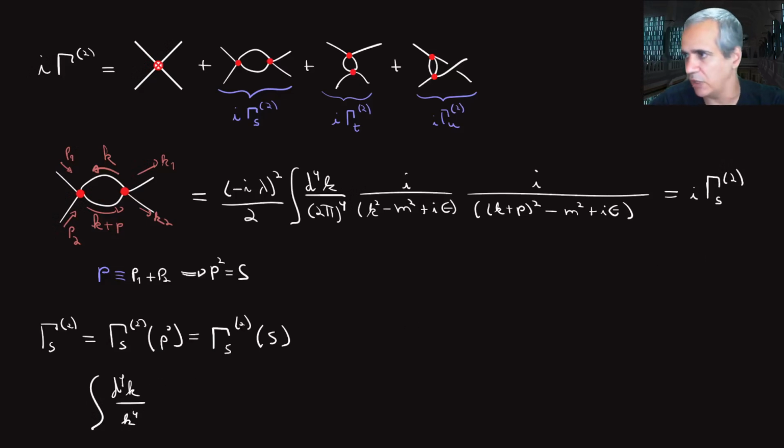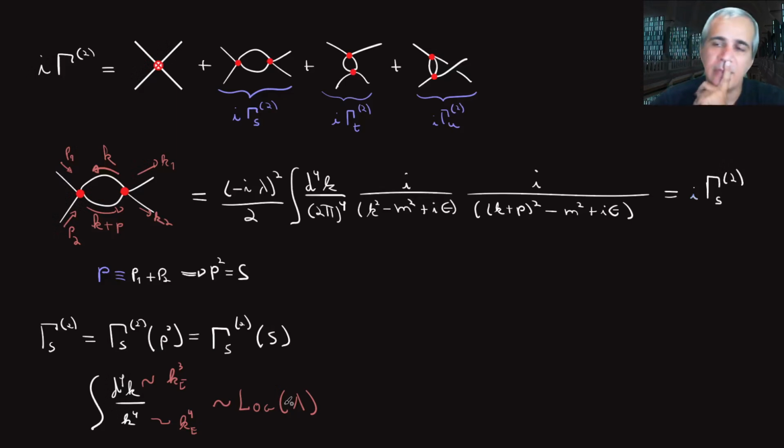So once you go to Euclidean and spherical coordinates, this goes like Euclidean momentum cubed over Euclidean momentum to the fourth. So it's just one extra power in the denominator. That means that if I put a hard cutoff, this will go like the log of that hard cutoff. It diverges less than the previous loop that diverged like this cutoff squared, but it still diverges, right? Diverges like a logarithm.